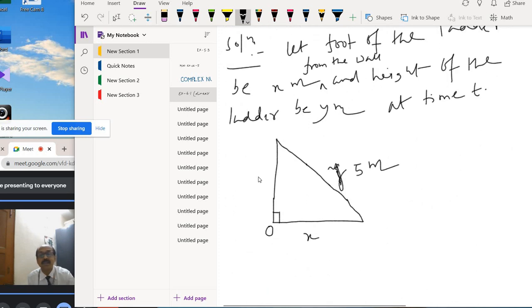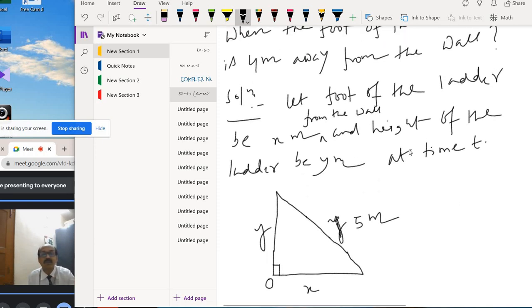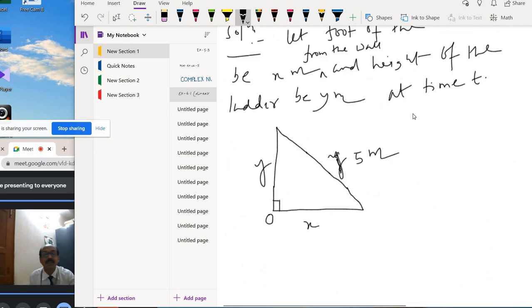So this is x, this is y, and the ladder is 5 meter.